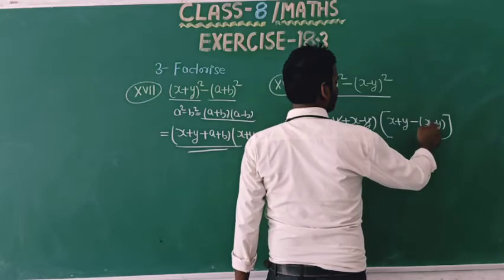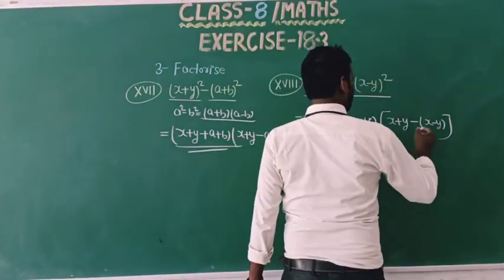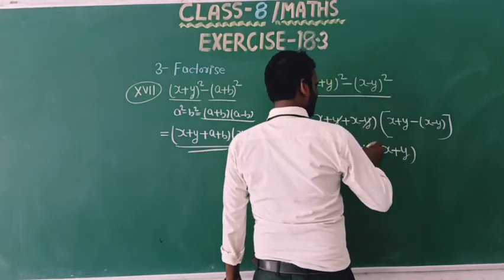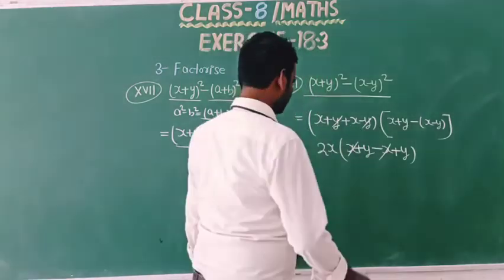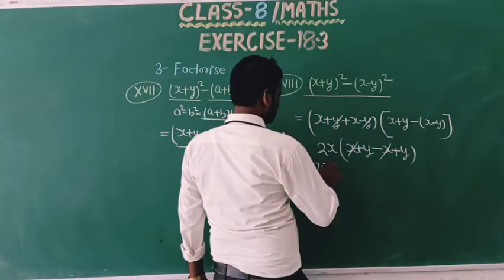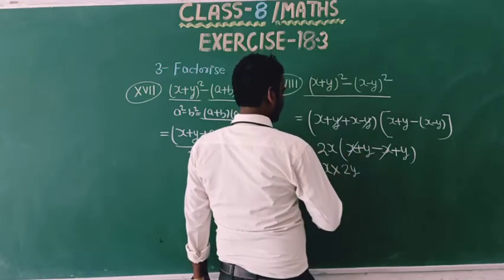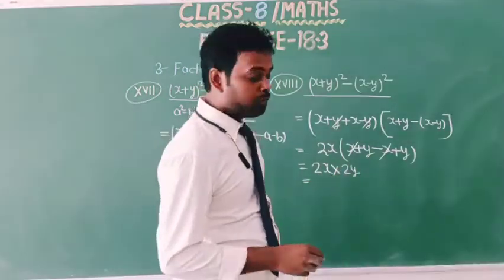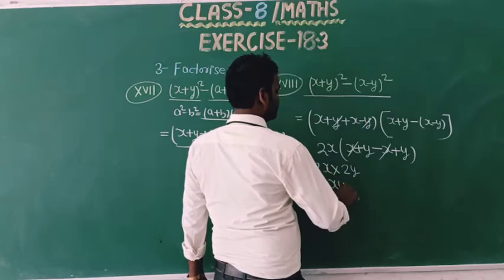After multiplication, all the items of x minus y change sign, so this will be x minus x plus y. Now here we can cancel plus x minus x, this is 2x, and y plus y added gives me 2y. Now multiply 2x by 2y, so we get 4xy.